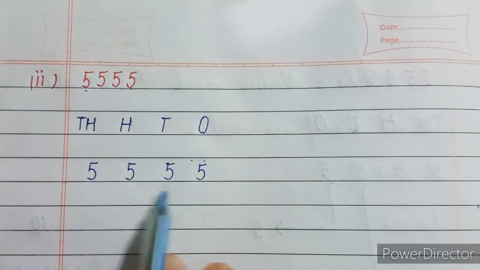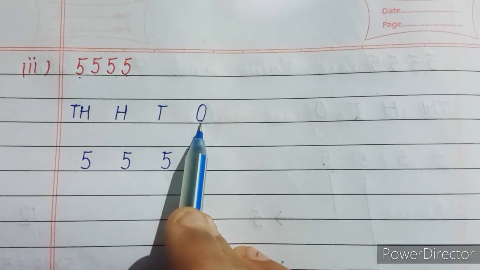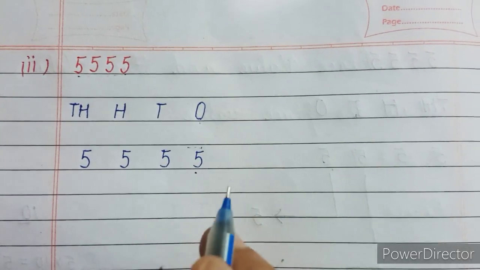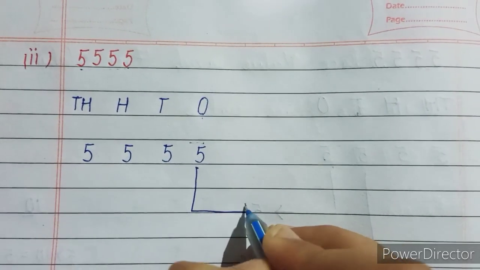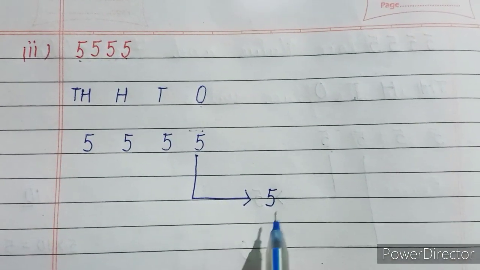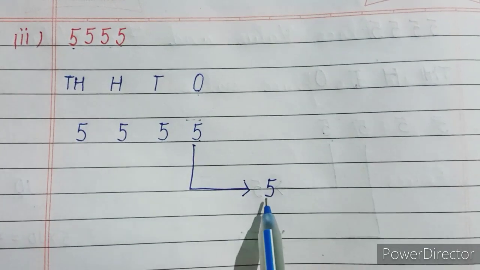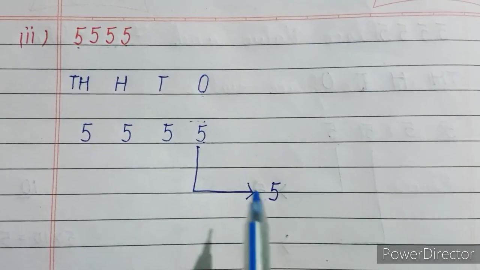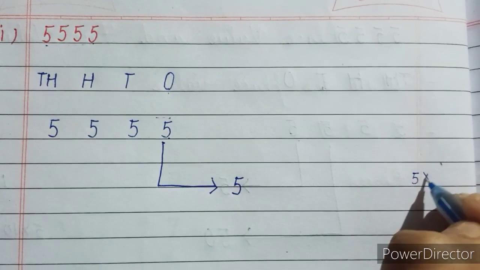So children, tell me, at which place is 5? At ones. So we will write 5 here, because there is no number after this. So we will write 5 here.